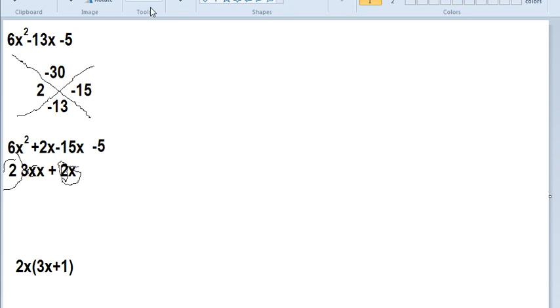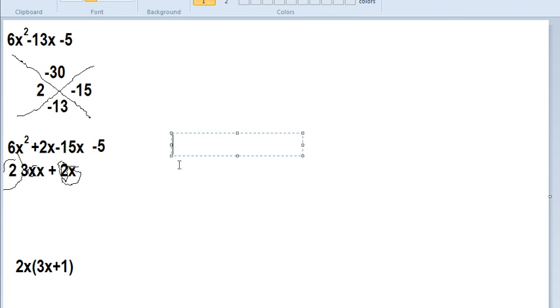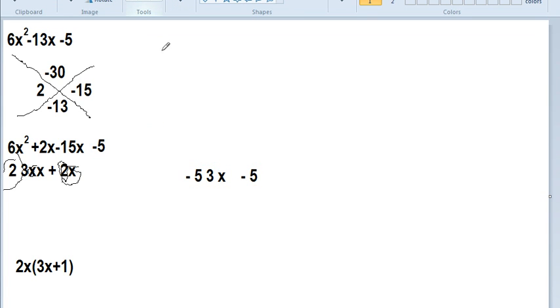Now I'm going to do these right here. I'll do them over here so you don't get confused about the spacing. I have a negative, and I know 15 is 5 and 3, and then I have an x. And over here I have a negative and a 5, and that's it. So I'm going to circle what they have in common. They have a 5 in common. Now this is something people often forget: they have a negative in common, so I'm going to circle that negative.